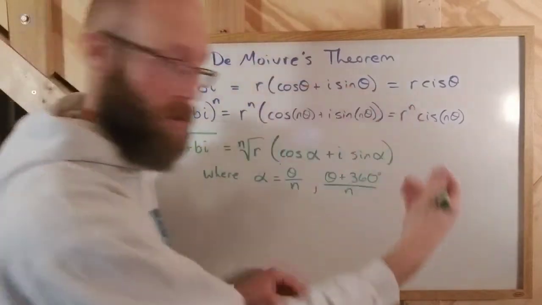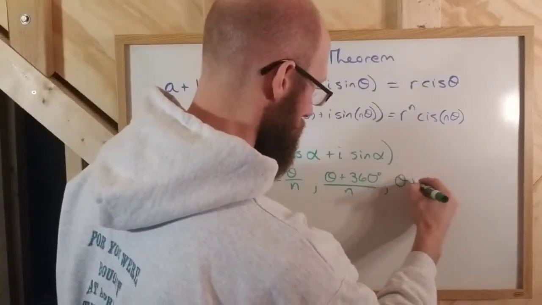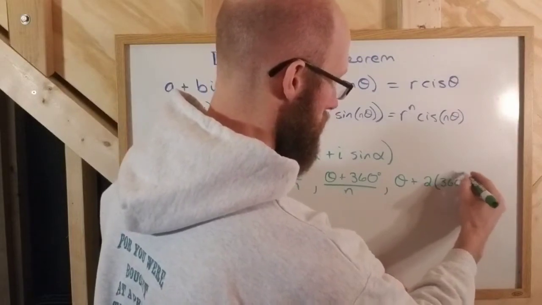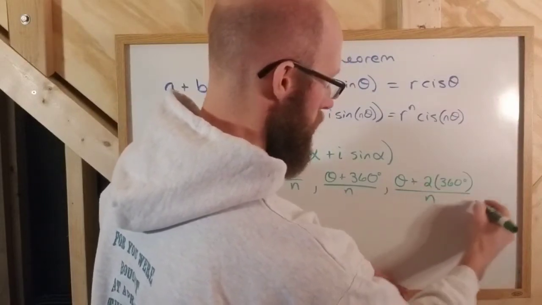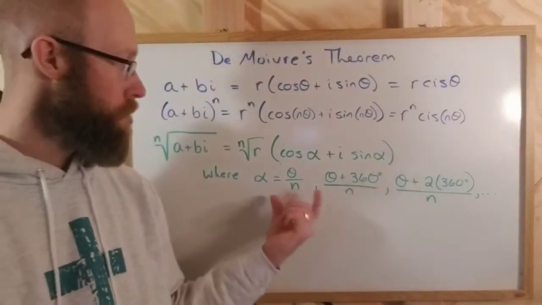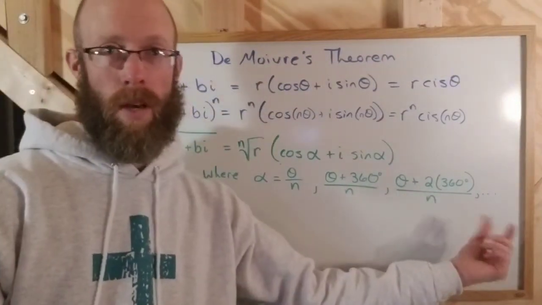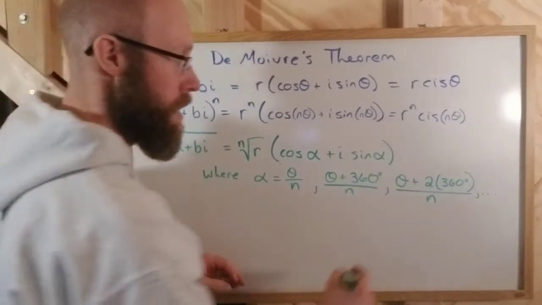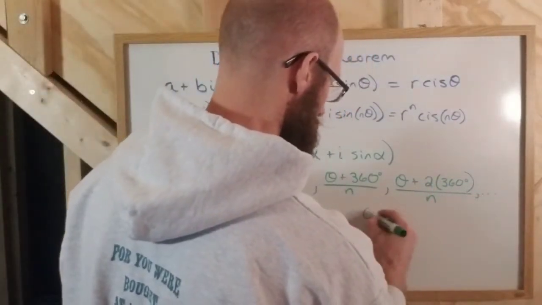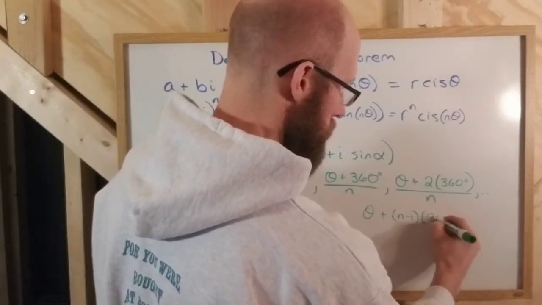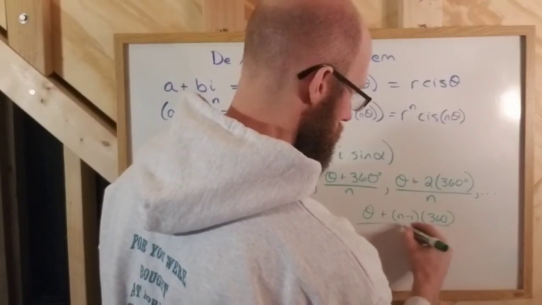And then you do another coterminal angle, theta plus 2 360s, right? You add another 360 and divide that by n. And you keep going until you get n of these terms. Well, that would be when you multiply by n minus 1, right? So that would be up to theta plus n minus 1 of 360 all over n.